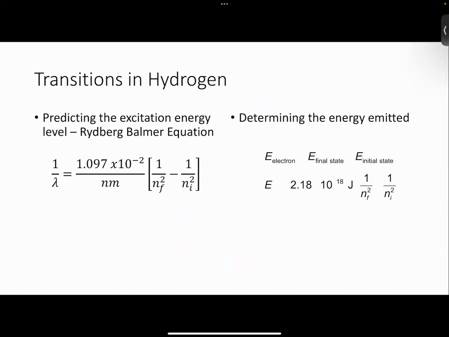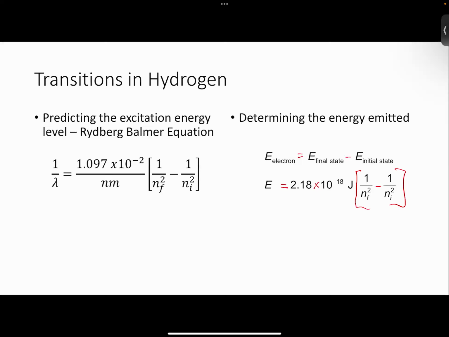In the lab, you were to calculate the energy level for the relaxation on the hydrogen emission spectrum.